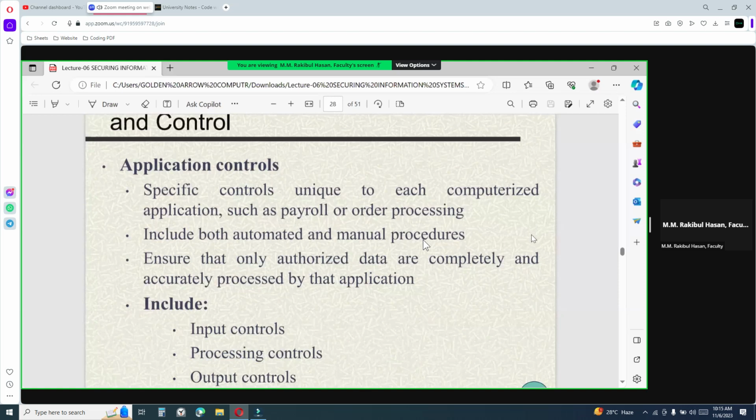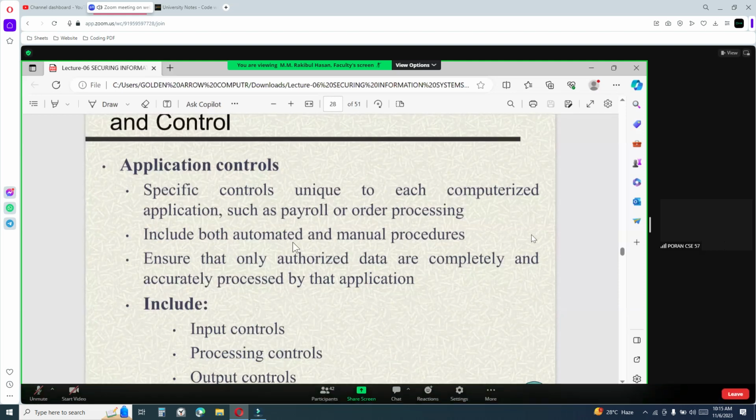Okay, have you completed your assignment? Any of you? Yes, sir. Done? Yes, sir. Okay. If you are done, then it's good. When your university opens physically, on that day you have to submit your assignment.